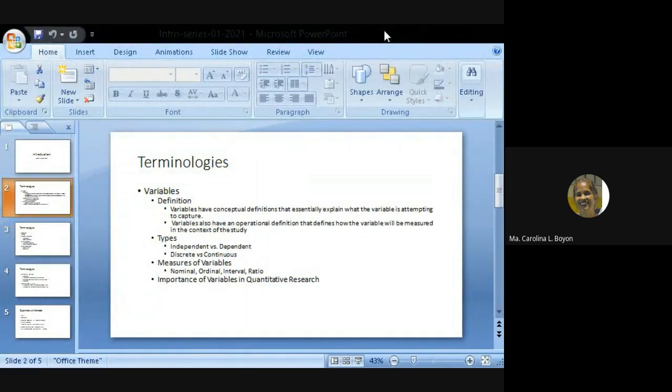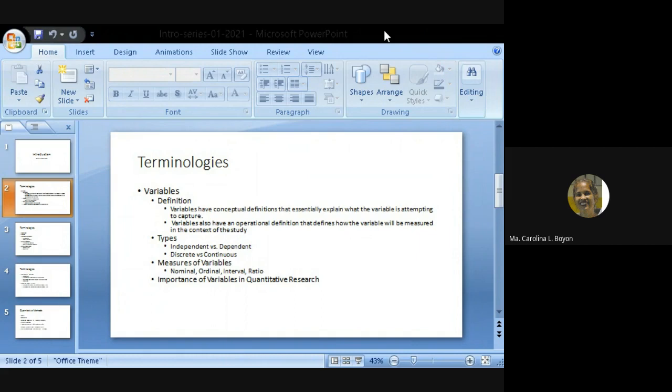So when we deal with research, it will be imperative, or it is a necessity, that one understands what variables are. You have studied this in your senior high or in your high school training, as well as in the other subjects related to the development of quantitative reasoning.